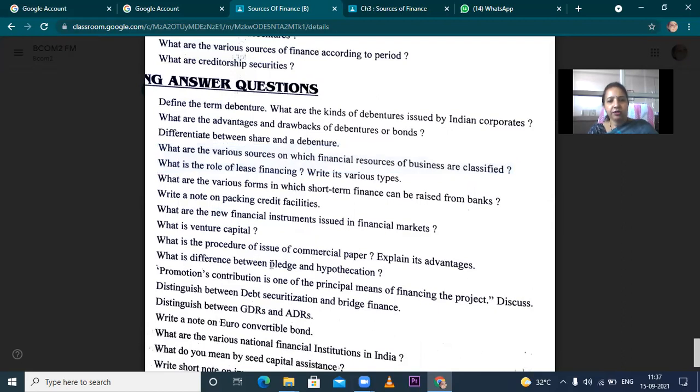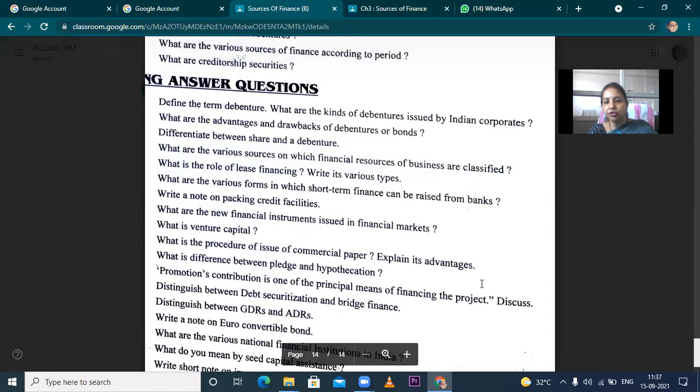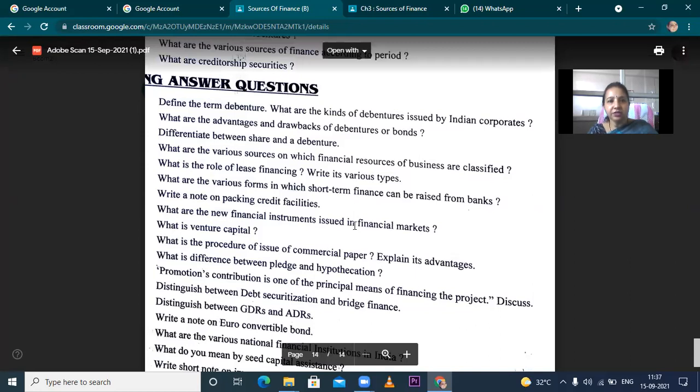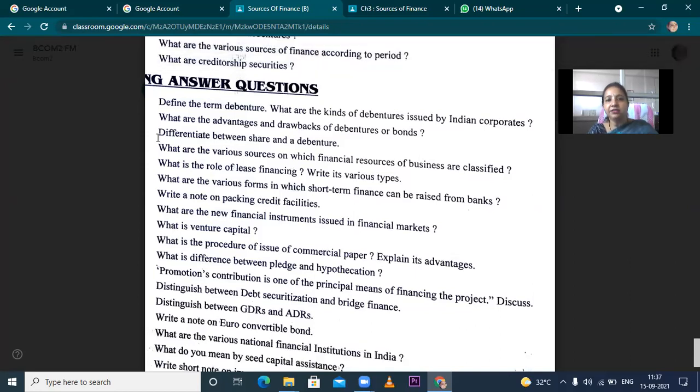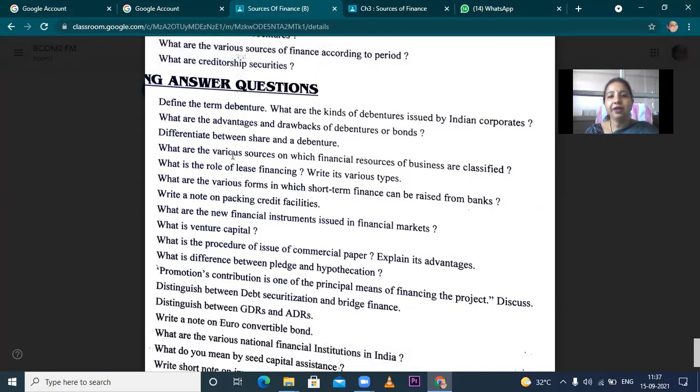Promotion contribution is one of the principal means of finances of the project. What are the various national financial institutions of India? Basically, the question asked from this chapter is: what are the various sources on which the financial resources of business are classified?